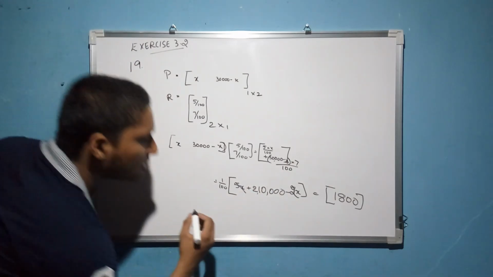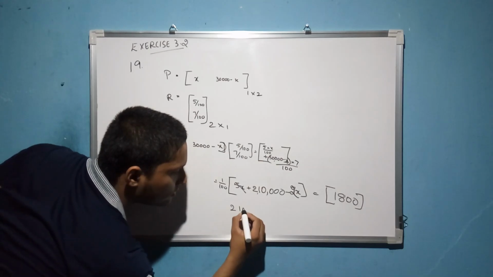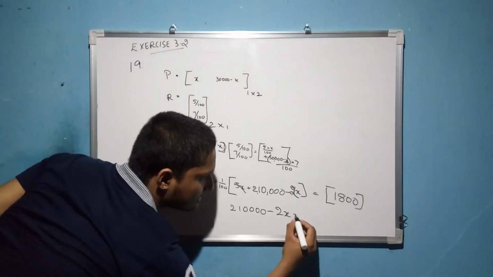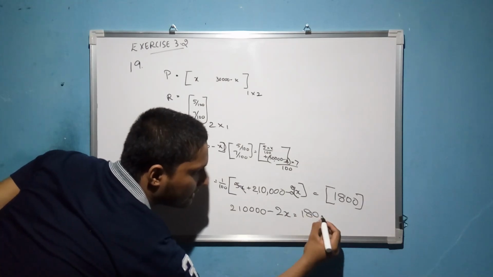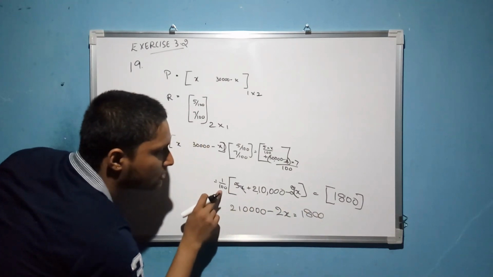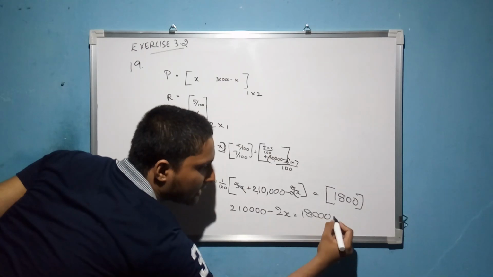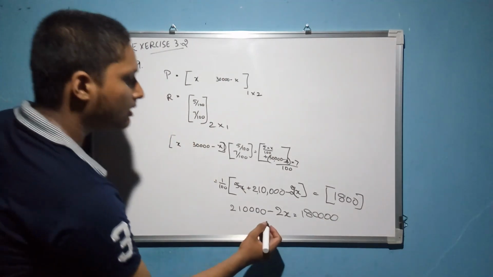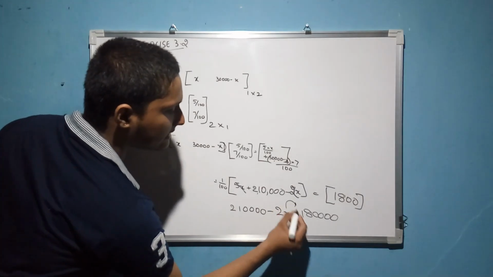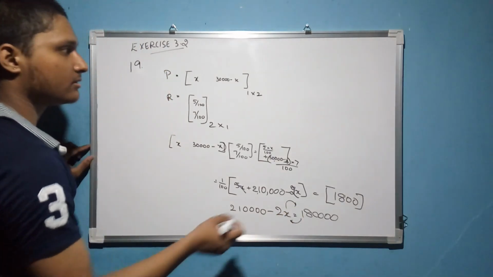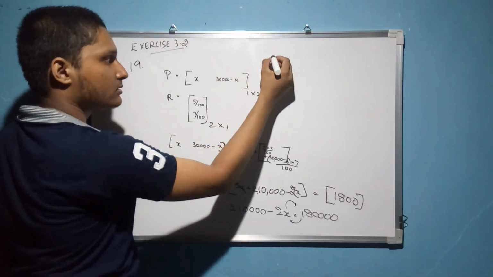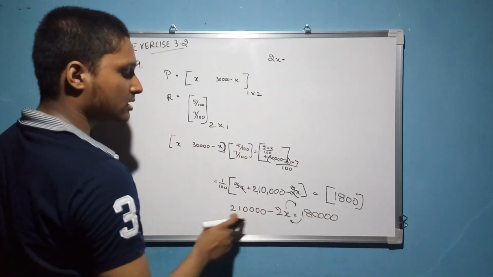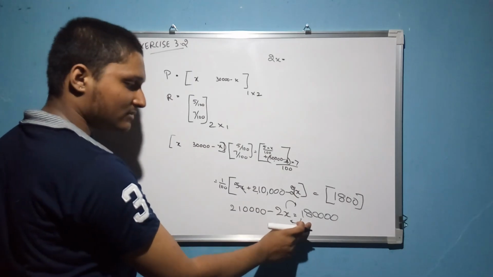So what it is going to be is 210,000 minus 2x is equal to 1,800, and these two zeros I'll take and multiply it by 100. So this is going to be the number. We'll take this to the right hand side, bring this here. So 2x will be equal to, you have 4 zeros in both the places, so 21 minus 18 is going to be 3.